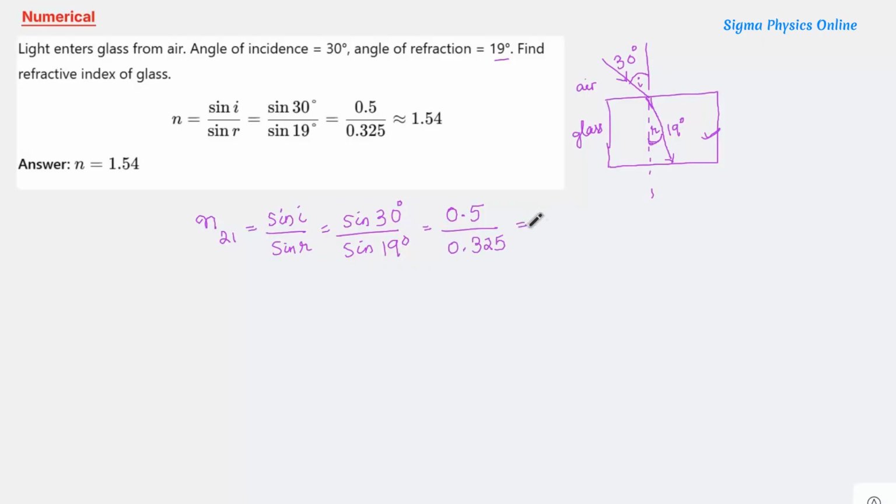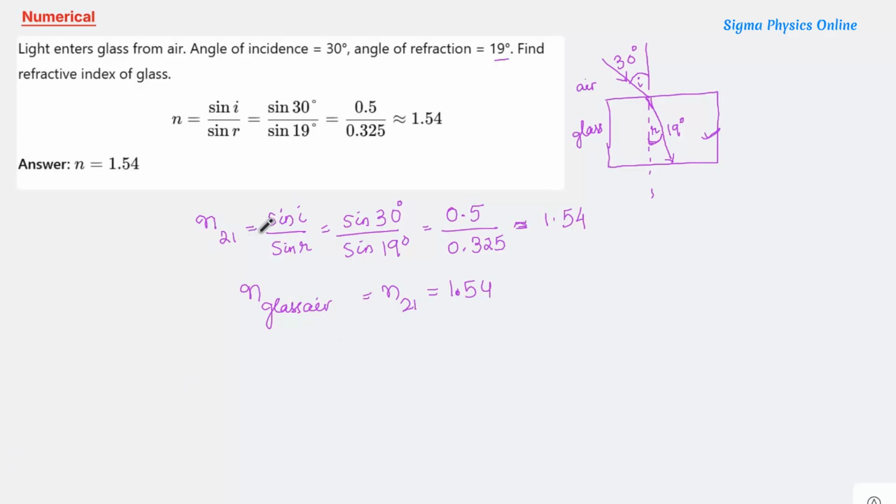So upon calculation we get the value approximately as 1.54. So the refractive index of glass with respect to air, which is N21, is 1.54. So this is the value of the refractive index of glass. So in this way, using Snell's law, we can find out the refractive index of glass.